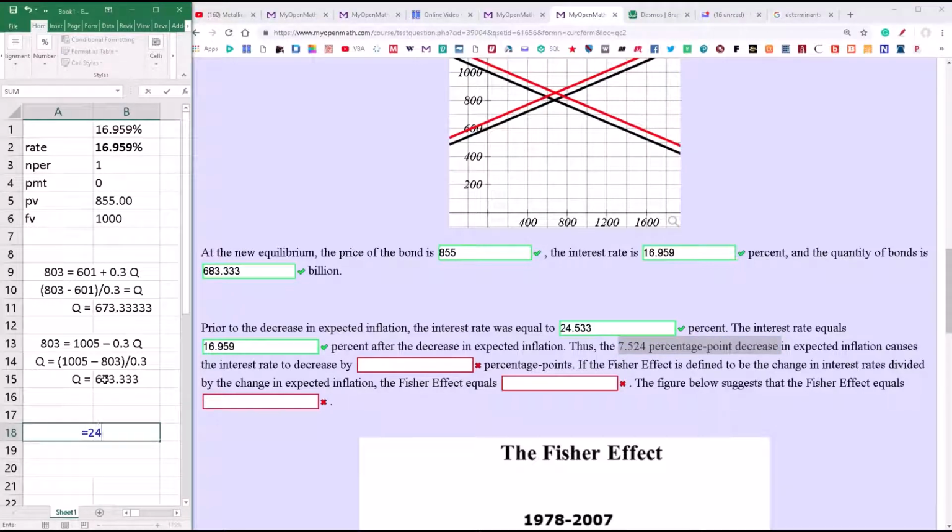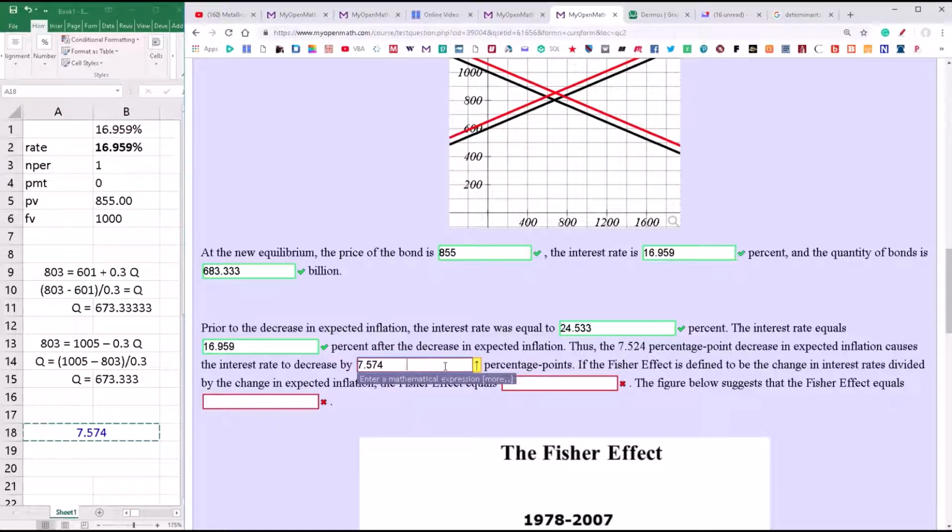So 24.533 minus 16.959 gives us 7.574. Okay, so notice that the change in expected inflation is roughly equal to the change in the interest rate.